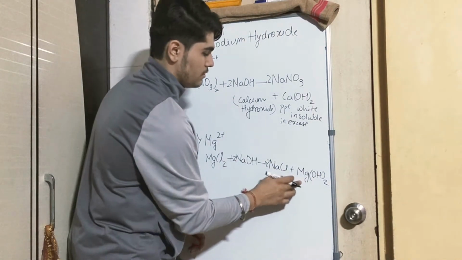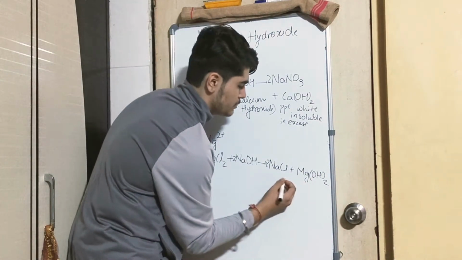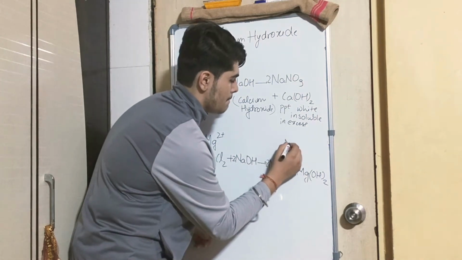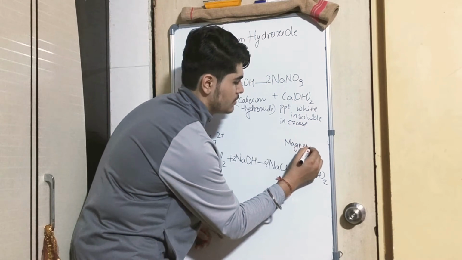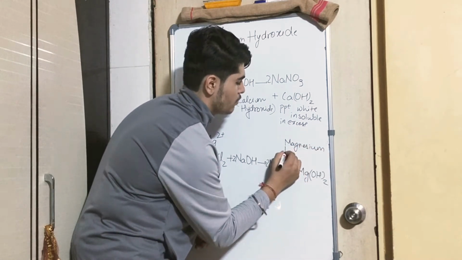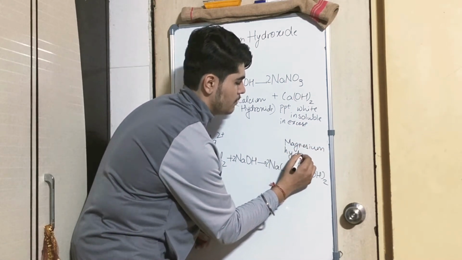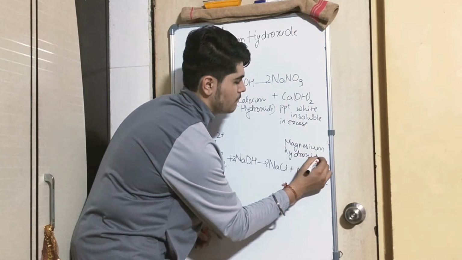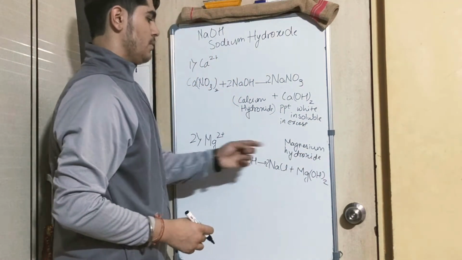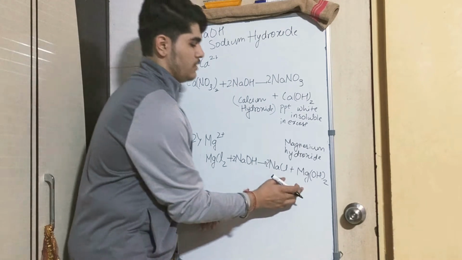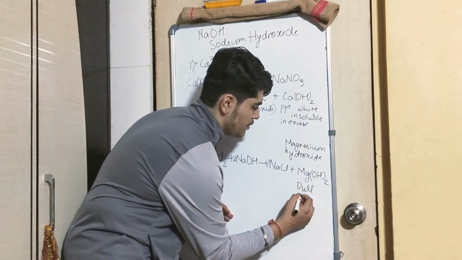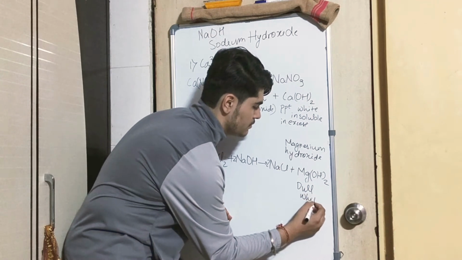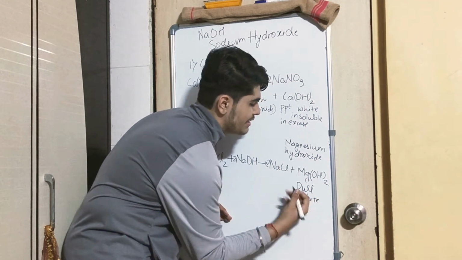So this precipitate's name is magnesium hydroxide, which is dull white in color.